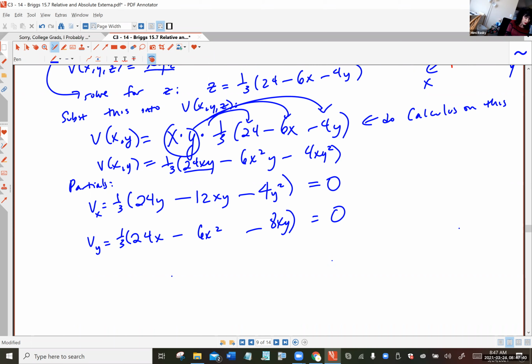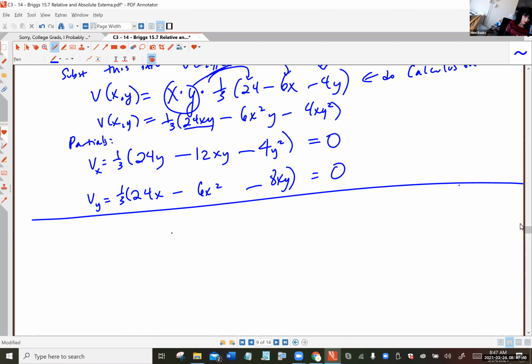So what I'm going to do is use the ZPP, the zero product property, which is going to be your savior here. I'll multiply both sides of both equations by 3 to get rid of the 1/3, so people don't ask me, what happened to the 1/3?